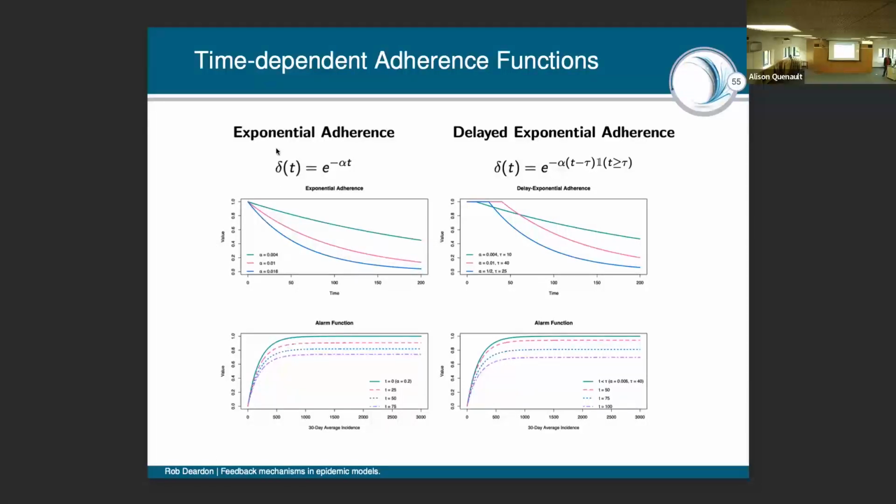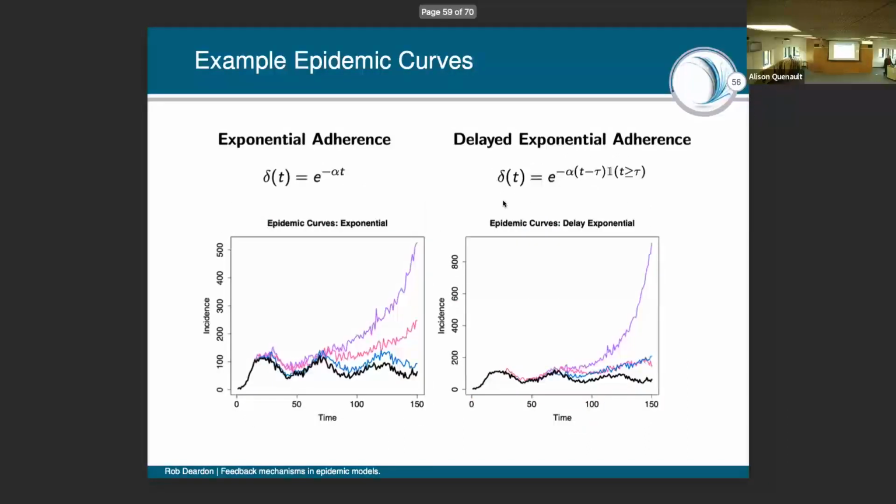So we have a simple exponential decay that looks like this and gives you alarm functions that change like that. Or you might have a delayed exponential, so a sort of change point when the exponential adherence kicks in, or the fatigue kicks in. And then there's a couple of plots of the different epidemic curves that you can get under those adherence functions.